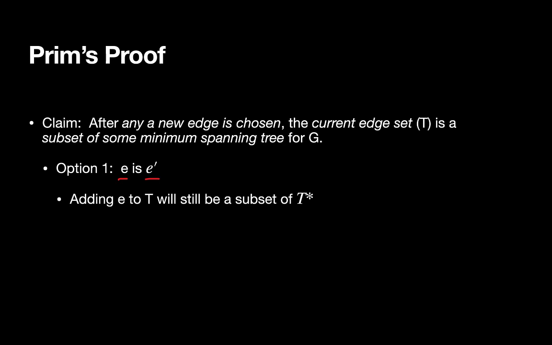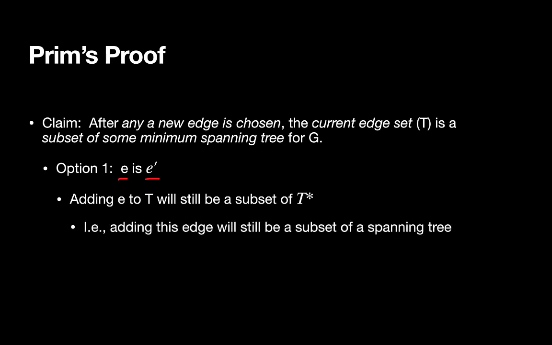So adding E to T will still be a subset of T star. Okay, so that's great. This actually is what our goal is. We want to demonstrate that each step, adding each individual edge, brings us closer to a minimal spanning tree. And this is kind of a trivial case where if we pick an edge that is part of the minimal spanning tree, our ideal T star, then we're closer to that goal.